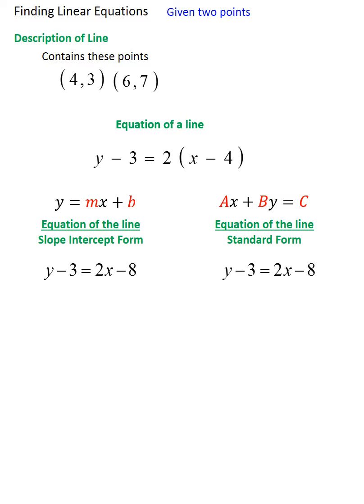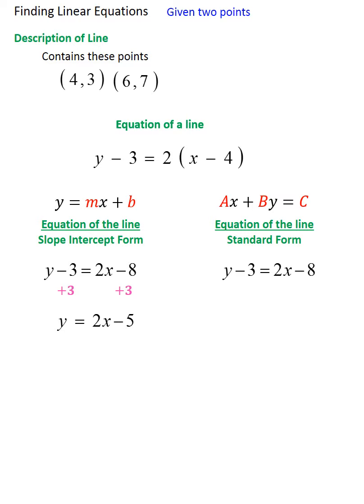To get it into that format, I need to get the y by itself. The best way I can do that in this case would be to add 3 to both sides and cancel out the negative 3. That leads me to this equation, and that is, you'll notice, in slope-intercept format. And if that were the format you were looking for, you'd be done with this problem.